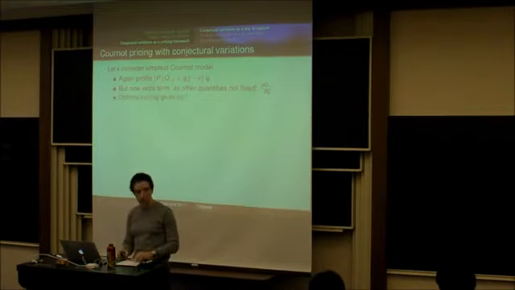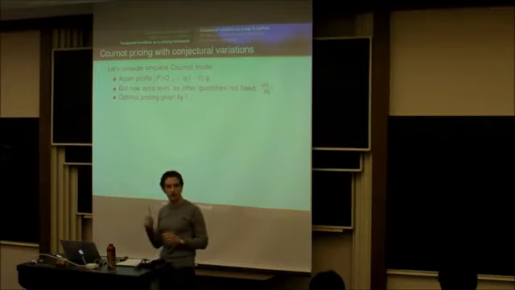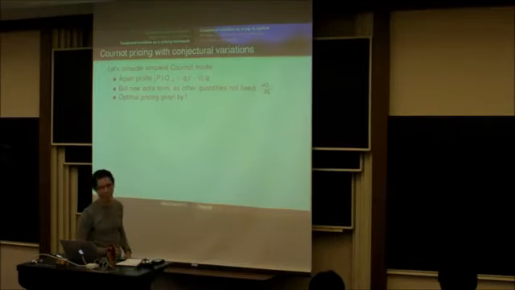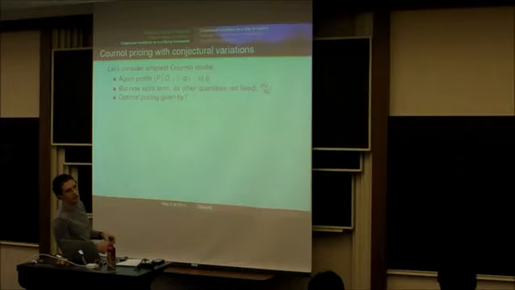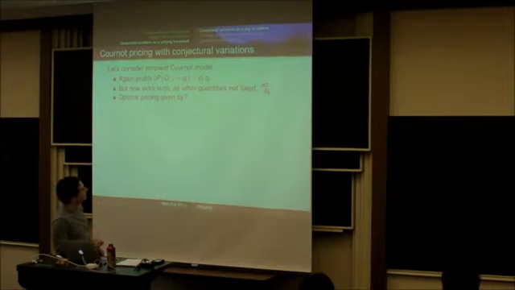What is my optimal pricing formula going to be, if when I increase my quantity, that leads to a change in the other firms' quantities as well as my own? So just take the derivative of my profits with respect to my quantity, now taking into account the fact that I'm going to see the other firms' quantities changing when I change my quantity by this much.